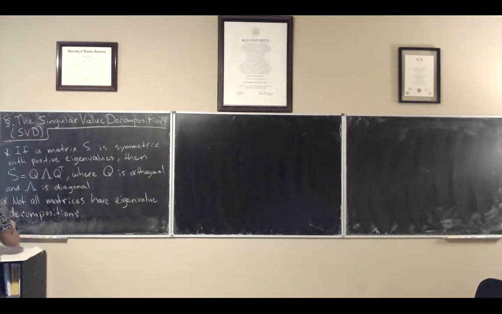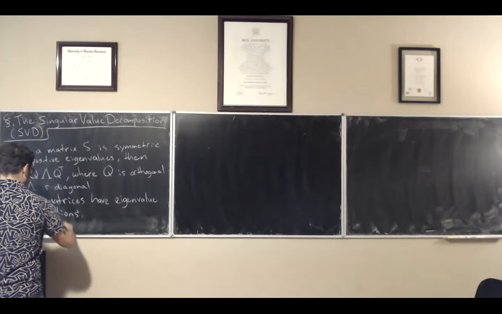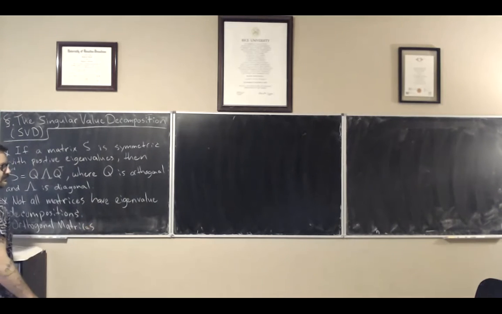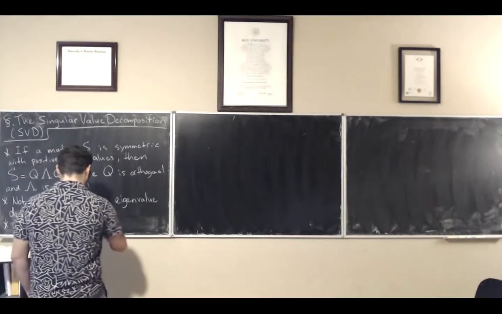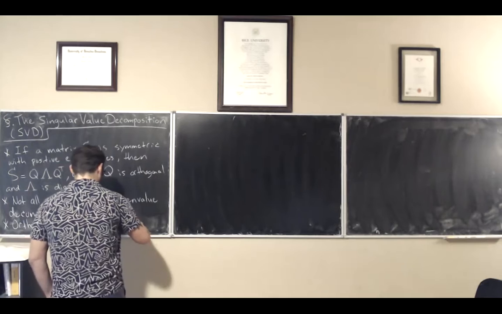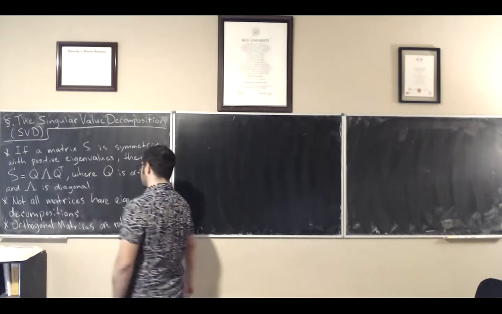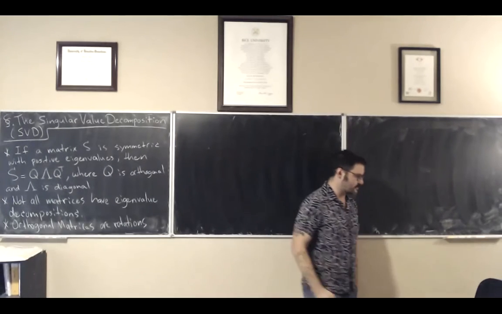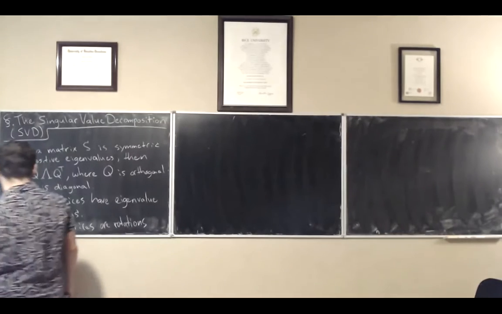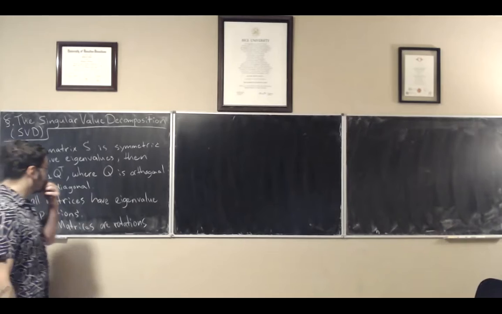But that is that orthogonal matrices can be thought of as rotation matrices. If you apply an orthogonal matrix to a vector, it's going to rotate it and reflect it in space, depending on how many dimensions you're in.